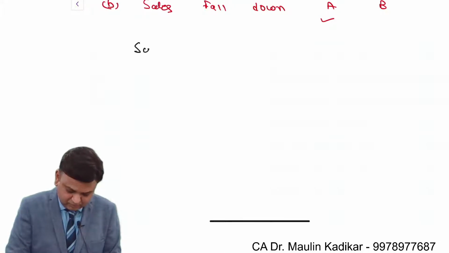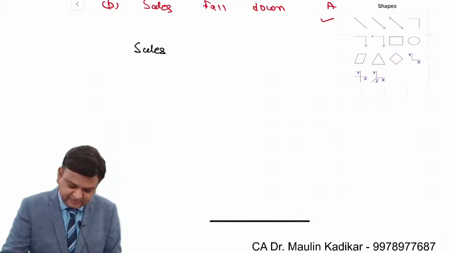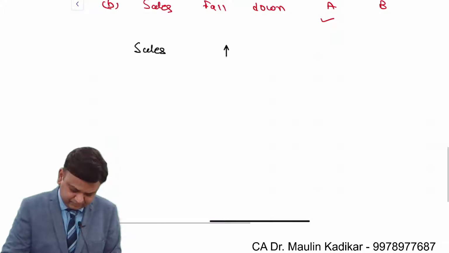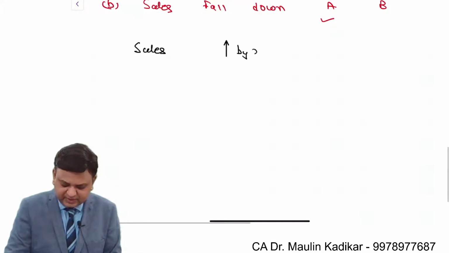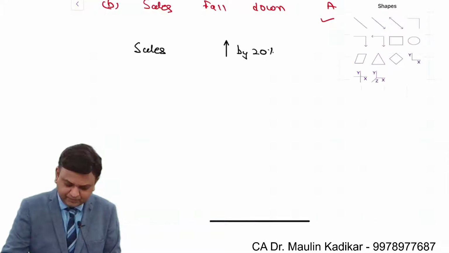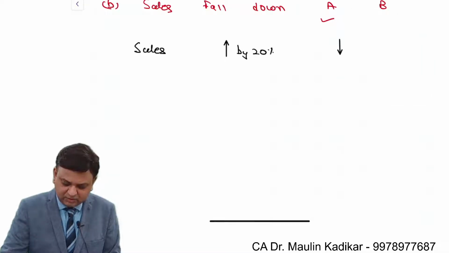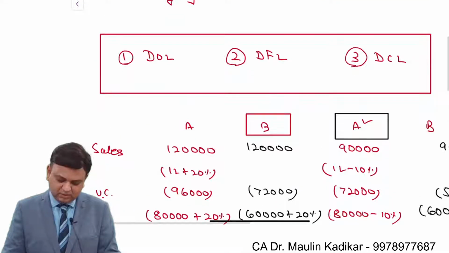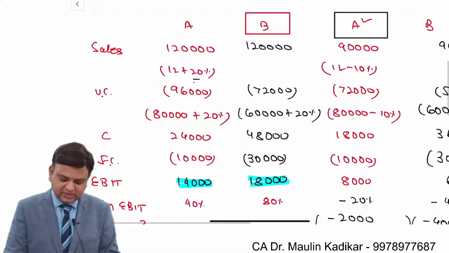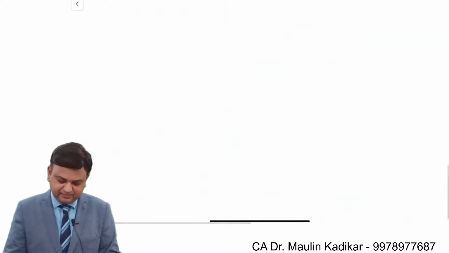Sales of the company increases by 20 percentage or it falls down by 10 percentage. There are two questions provided to us: increase by 20, reduction by 10.